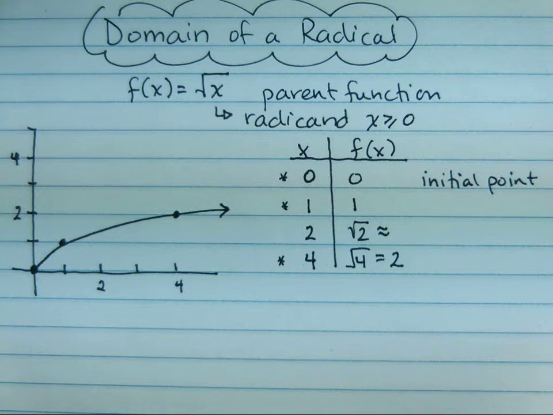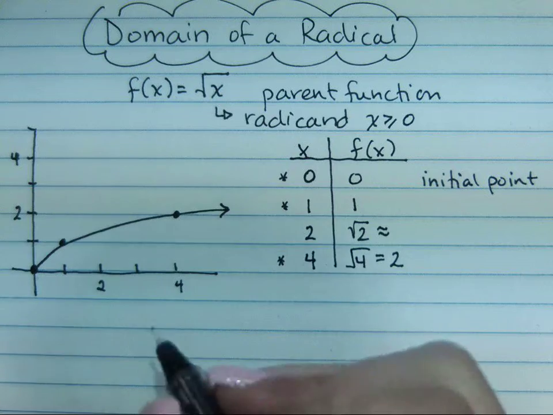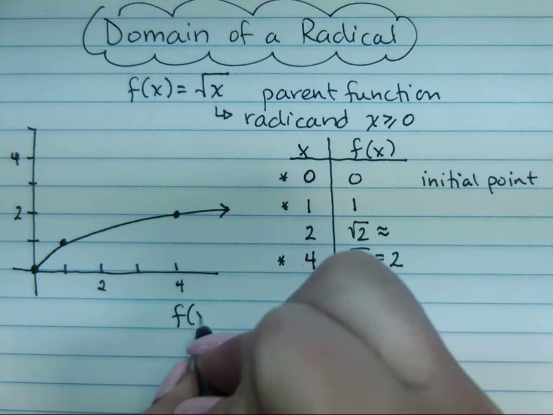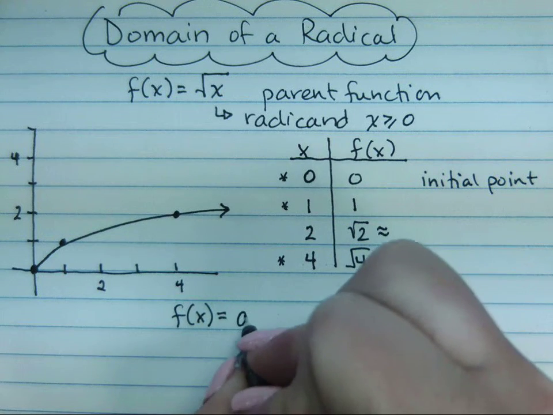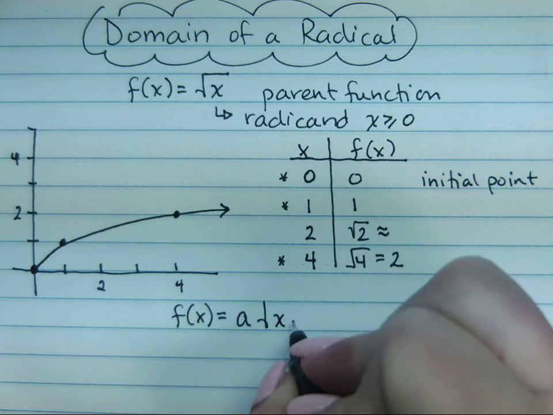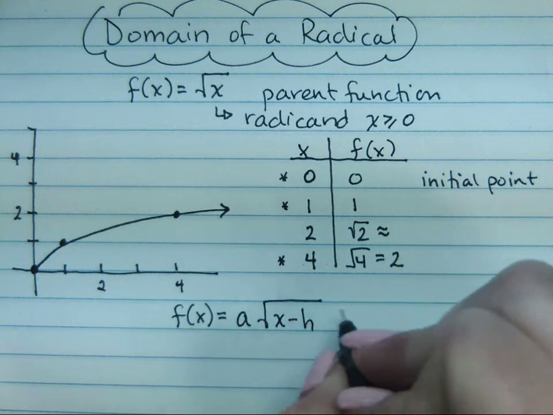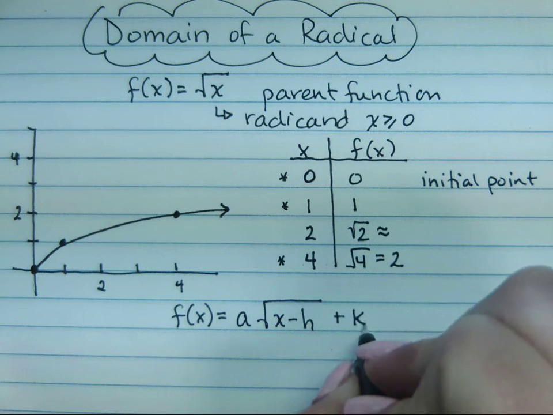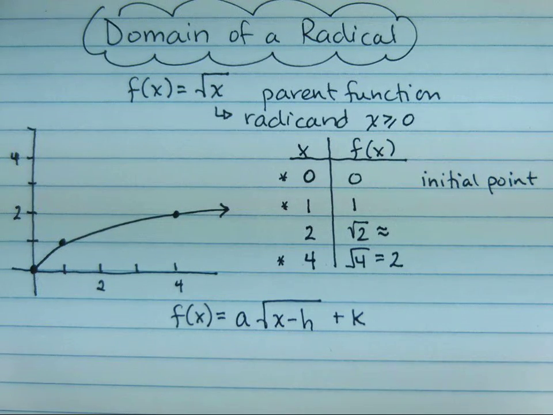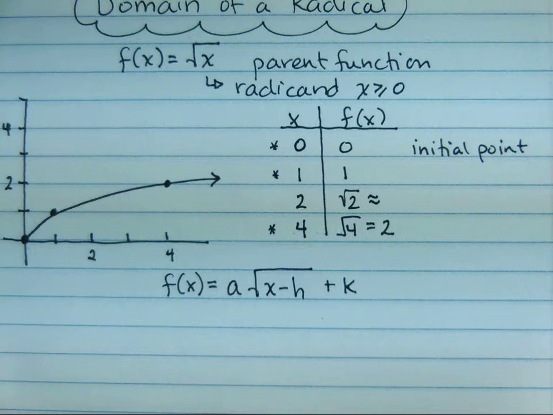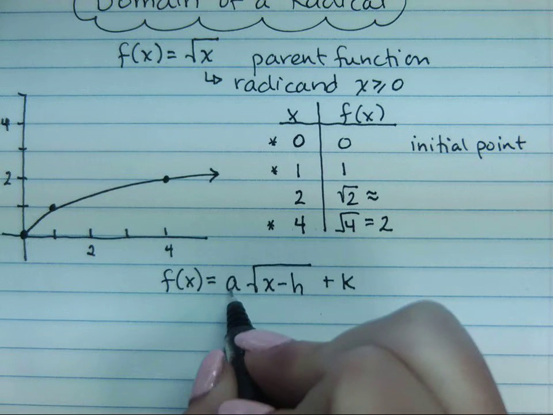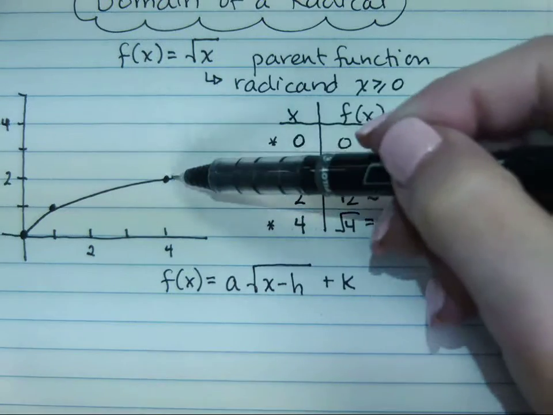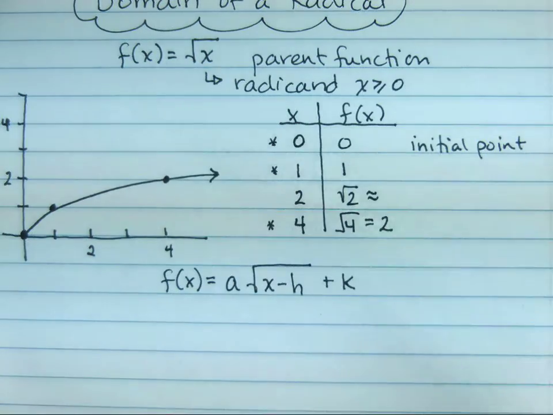So when we're trying to look at other graphs and how we're going to manipulate that, that's how we get this more general function, which is a times the square root of x minus h, plus k. And as we've seen in other types of graphs and transformations, this a value is going to either stretch this graph up or down, or flip it around.